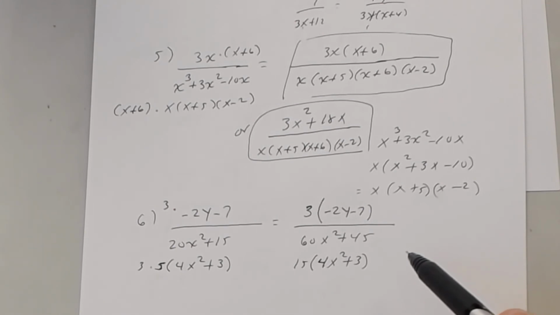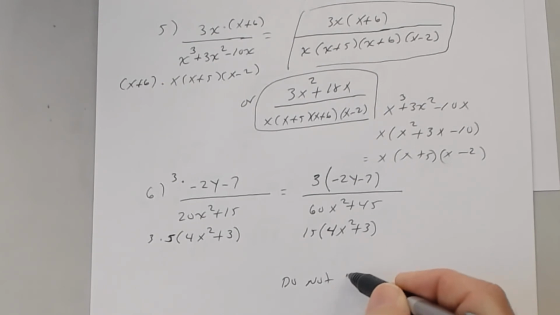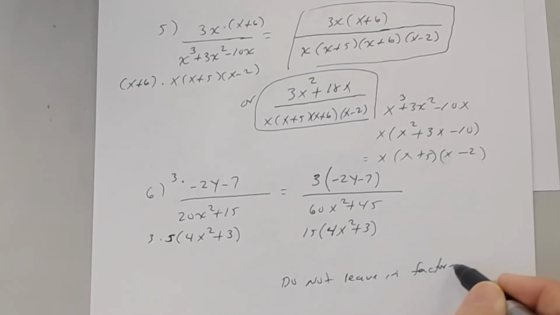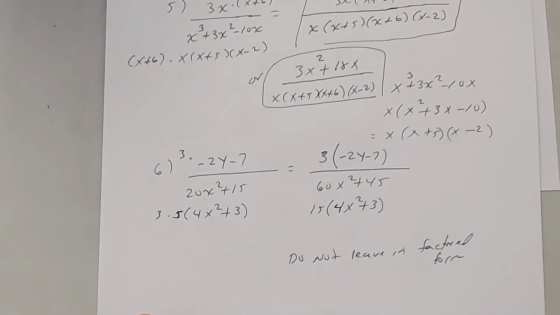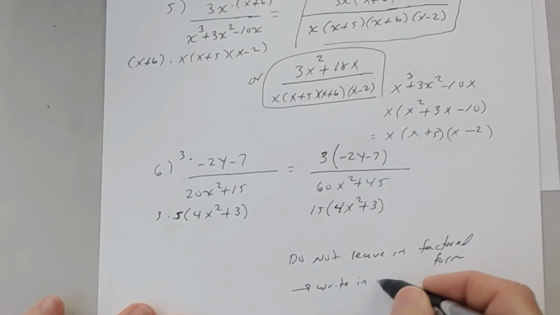Now, there is a problem on My Math Lab where it's going to say, do not leave in factored form. So if it says do not leave in factored form, then it means write it in what? In expanded form.